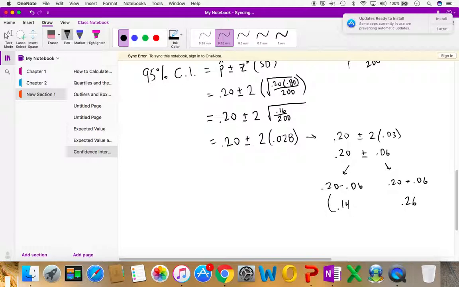So this is our 95% confidence interval. Now the important part is we need to interpret this.